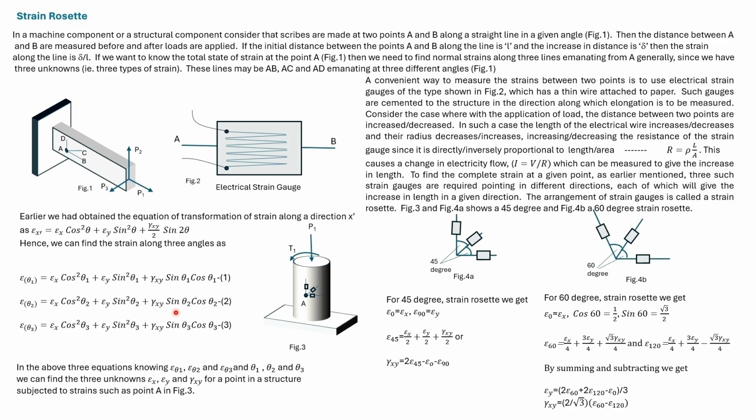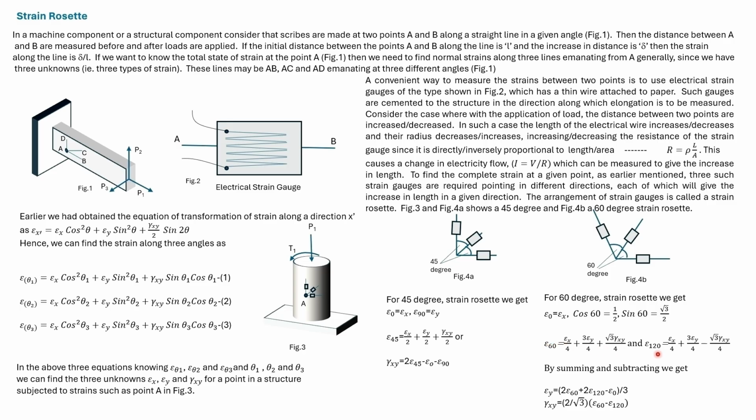And sin theta cos theta is root 3 divided by 4. So we get this equation. When theta is 120, then sin 120 degrees has the same value, but cos 120 degrees is minus half. So epsilon 120 is given by this equation.